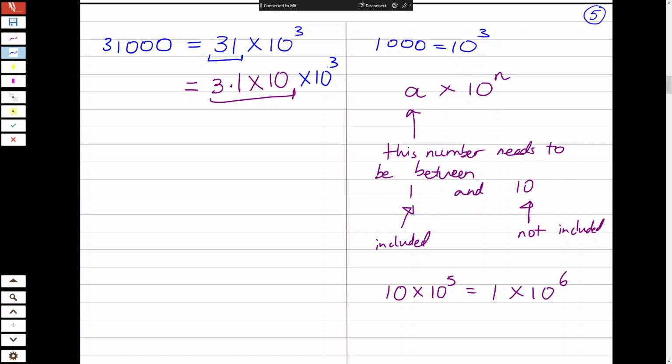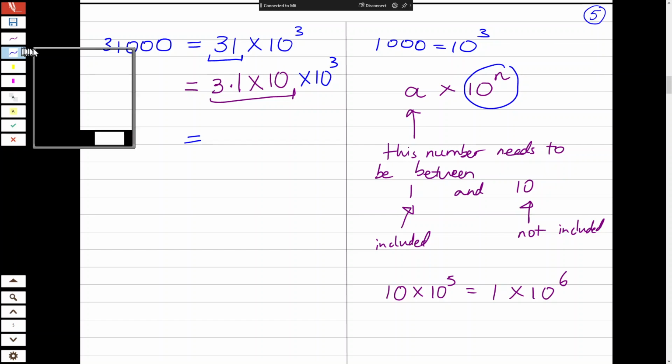because I want times 10 to some number. So Mia, I'll ask you, what do you think? Can you simplify this expression here? Okay. Do you think we've got A, the number between 1 and 10? Yes, we've got 3.1. That's between 1 and 10. All right. So we just need this part now, 10 to the n, yeah?